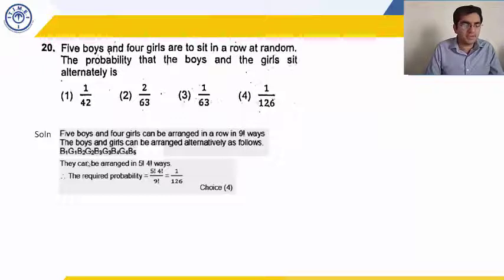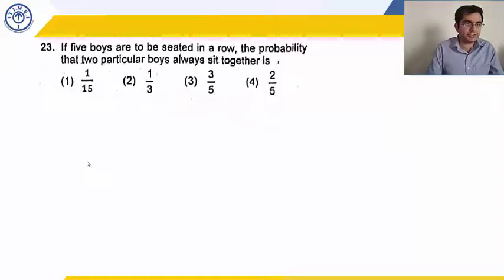Okay, let's proceed to the next question. If 5 boys are to be seated in a row, what is the probability that 2 particular boys always sit together? Question 23.